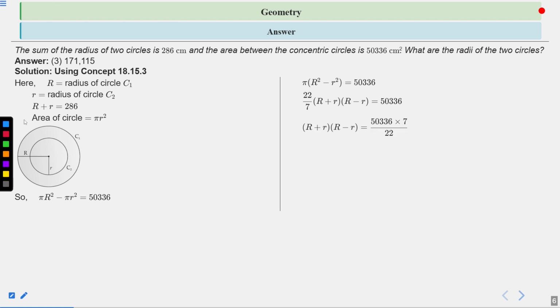Now we get R plus r multiplied by R minus r equals 50,336 multiplied by 7 upon 22. So we get R plus r multiplied by R minus r equals 2288 into 7.